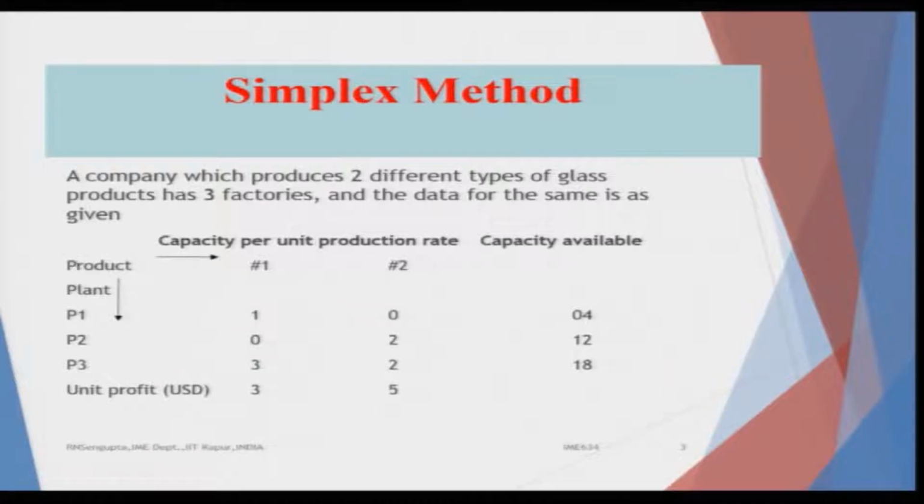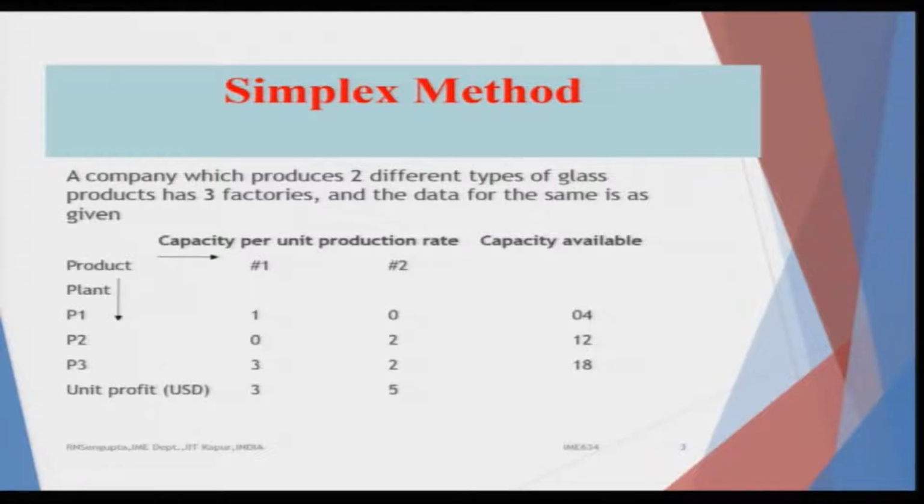They can be multiplied by 10 to the power 3 or 10 to the power 4, it does not matter, I am just giving the numbers. In plant 1 you can produce only product 1, and 0 of product 2, and the total capacity utilization is 4. So you can produce a maximum of 4 units of product 1.